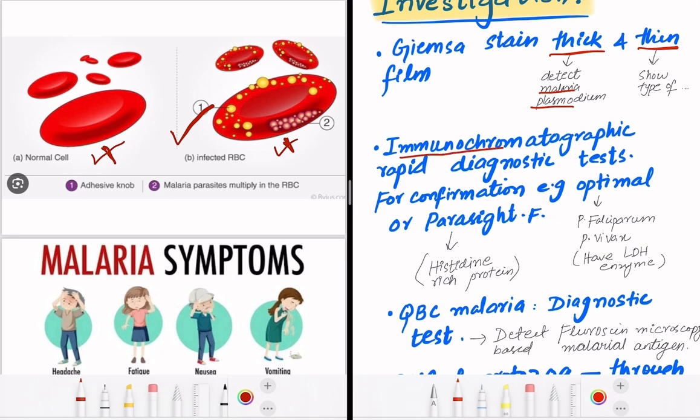Immunochromatographic rapid diagnostic tests are done for confirmation, for example, OptiMAL or Parasight. OptiMAL is done for P. falciparum and P. vivax, as they have the LDH enzyme, which can be detected through immunochromatographic rapid diagnostic tests. Parasight F is done for histidine-rich protein.